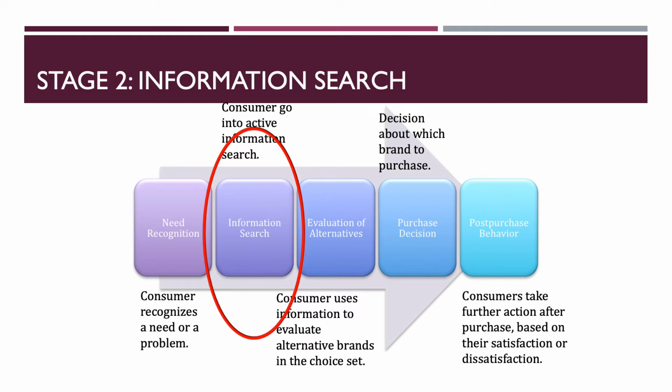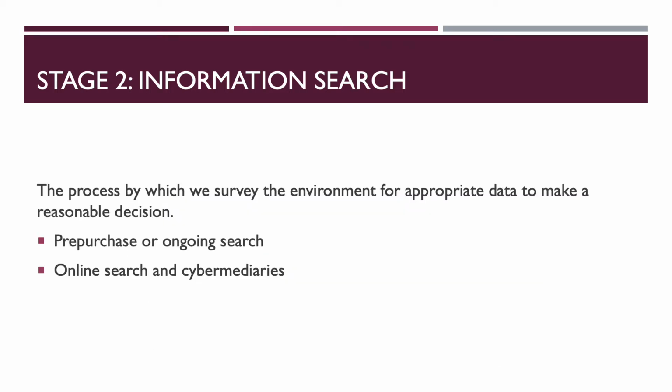So the degree of perceived risk associated with purchasing a service, like in this example of a haircut, actually determines how much effort we are going to put into looking for alternatives in our information search. Once we know we have a problem, we search out how we can solve the problem.